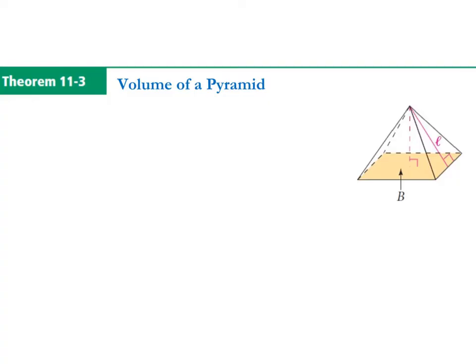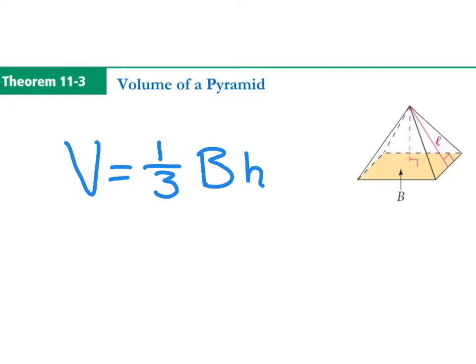As we discussed in the warm-up introducing this concept, the formula for the volume is similar. However, if I were to calculate the volume as the area of the base times the height, it would be calculating the volume of a prism. So to account for the missing parts of that prism, our formula is 1/3 the area of the base times the height.